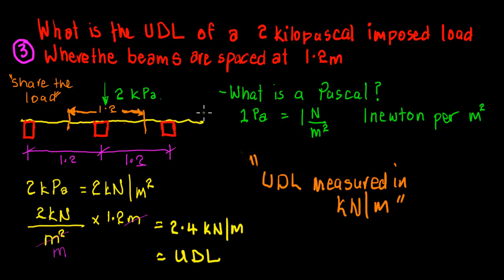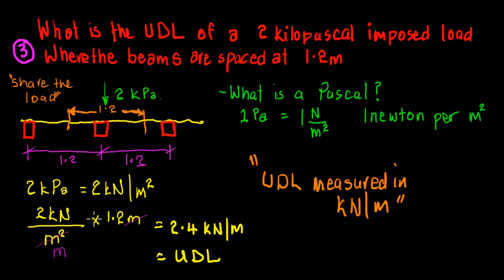So let's have a look at that. We've got 2 kilonewtons over meters squared. Now we know that the UDL is expressed in kilonewtons per meter, and we've got kilonewtons per meter squared.